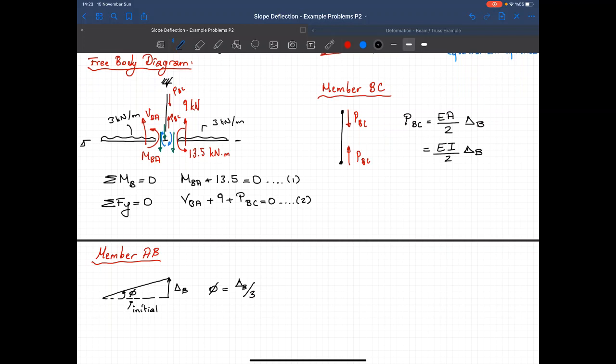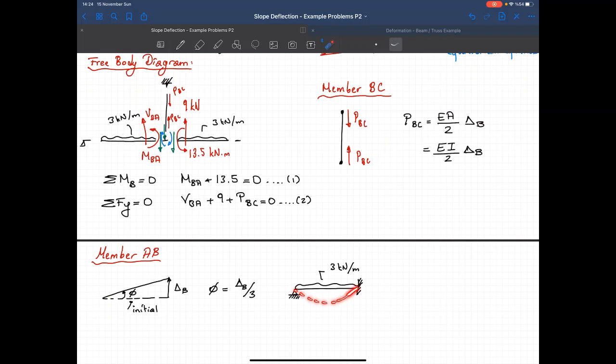Now let's also calculate the fixed end moment. So I'm using a pin at A and a fixed support at B. This pin indicates that this end is free to rotate. Uniform distributed load here, that's 3 kN per meter. Now the direction of the fixed end moment at B, we can determine this way. What would the deformed shape look like if point B is free to rotate?